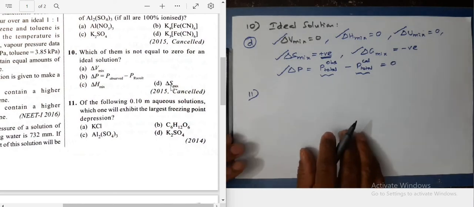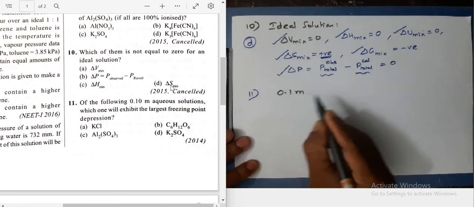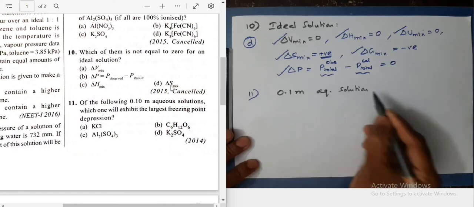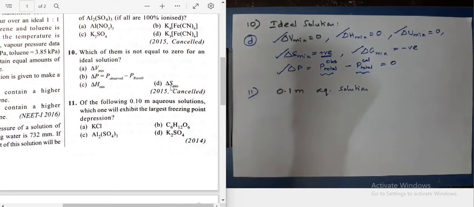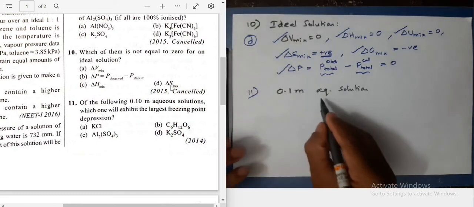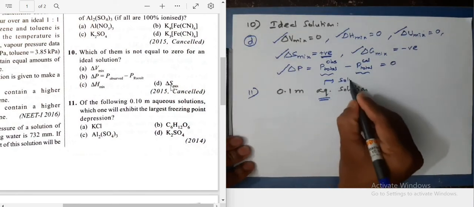See question number 11. Of the following 0.1 molal aqueous solutions, aqueous solution means immediately you should keep in mind that solvent is water.